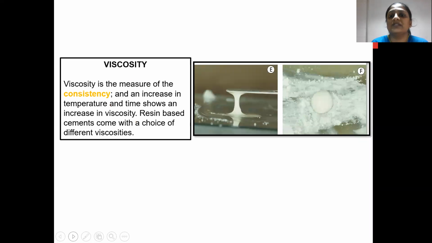The next property is viscosity. Depending upon the use of the cement, the thickness or viscosity, that is the measure of flow, will be different. If it's obviously for a restorative purpose, we will go for a thicker mix, which means more viscosity, whereas luting consistency will be a thinner mix.